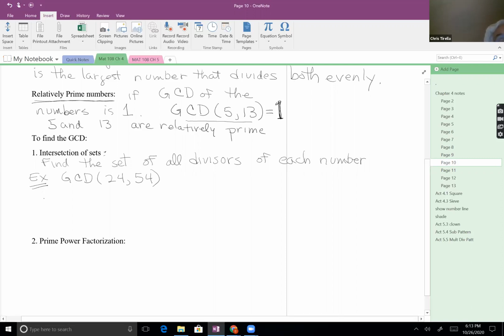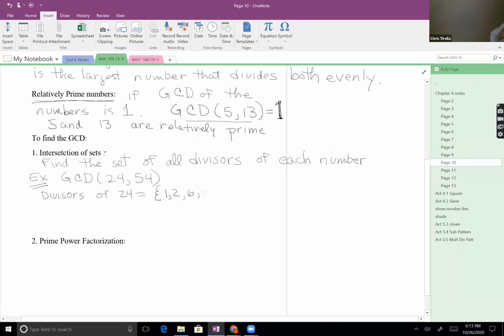So let's first list the divisors of 24 as a set. Help, what numbers go into 24 evenly? I'll do the hard one. 1, 2, 6, 4, 6.